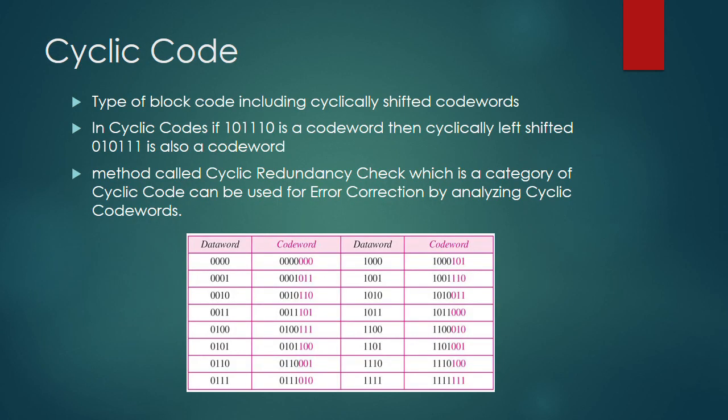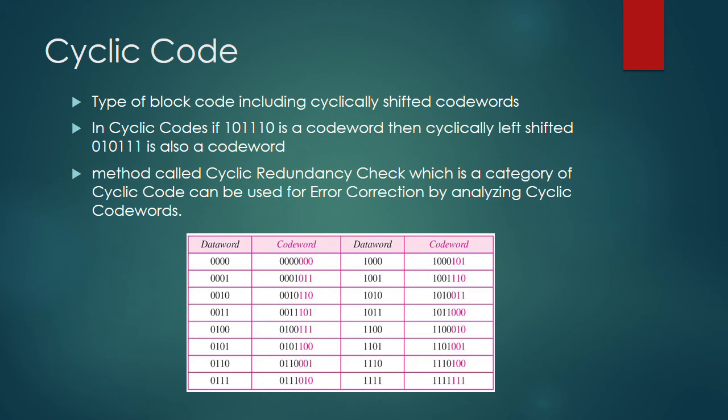So cyclic code, the main thing is that cyclic code has shifted code words. You can see that a given word is a code word, and the shifted code word, with the 0 in the rightmost place moved to the leftmost place, is also a code word.